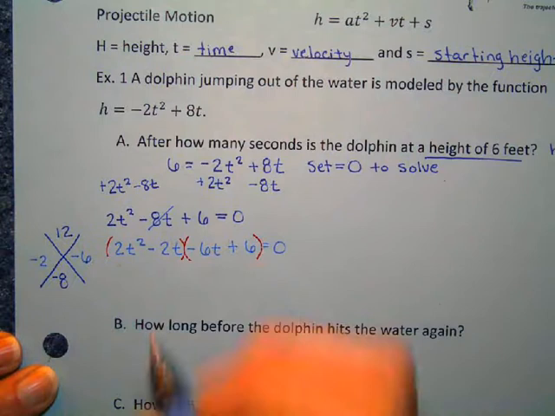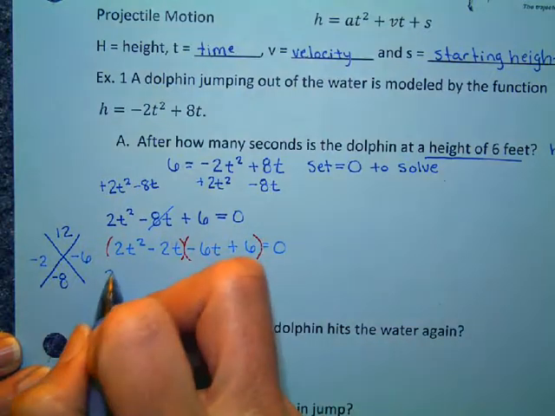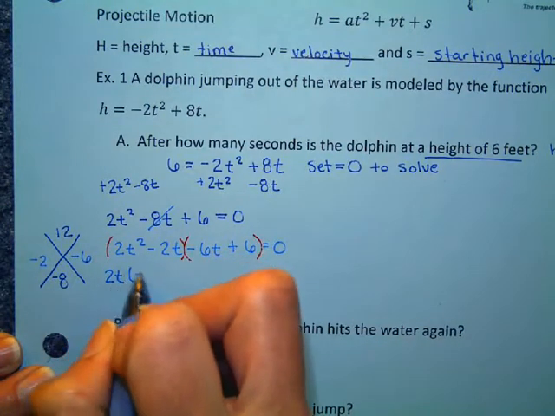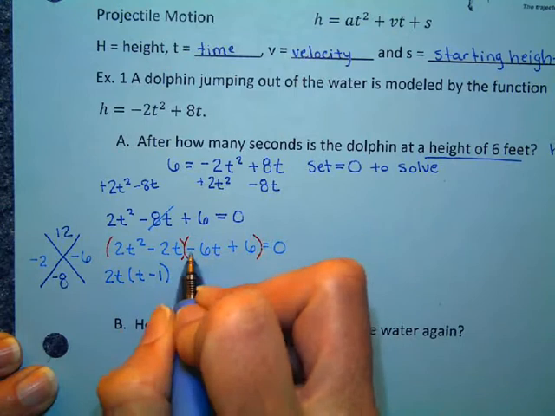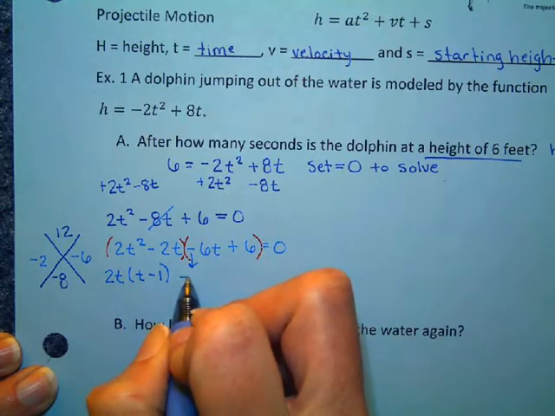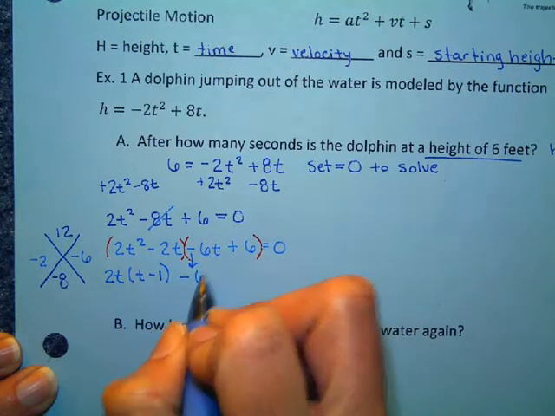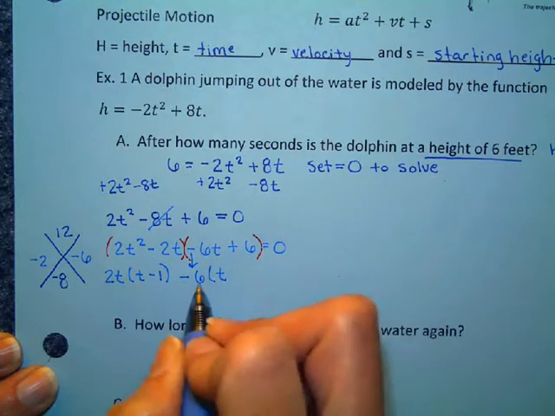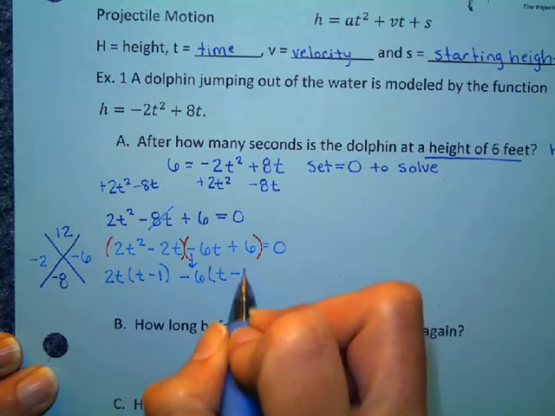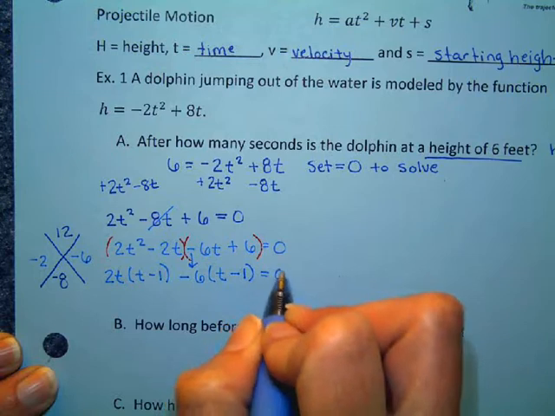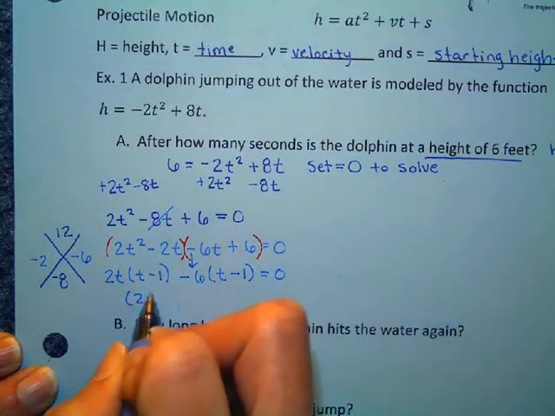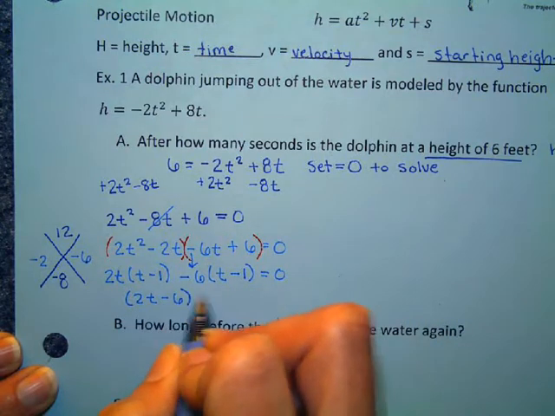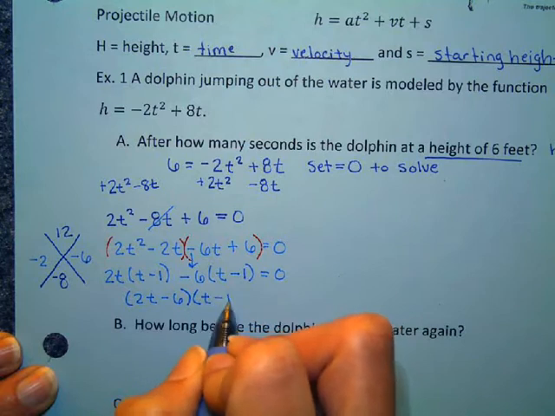These two have a 2t in common. Bring down your sign, so I'm bringing down a negative. Those can both be divided by 6. When you divide, 6 divided by -6 is going to change this to a -1. So my two parentheses are 2t minus 6 and t minus 1 equals 0.